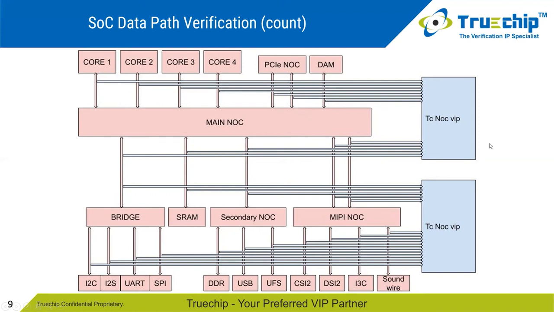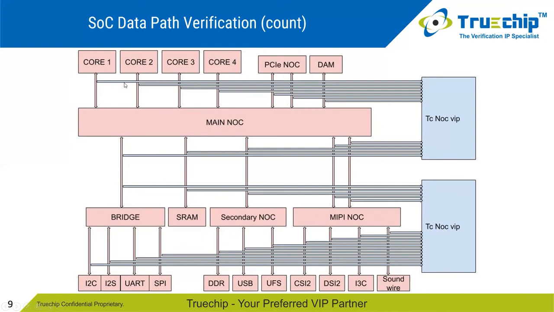Here one can put two NoC VIPs. The first NoC VIP's master port samples from the level 1 interfaces and its slave port samples from the level 2 interfaces. In the same way, NoC 2's master port samples from the level 2 interfaces and its slave port samples from the level 3 interfaces.